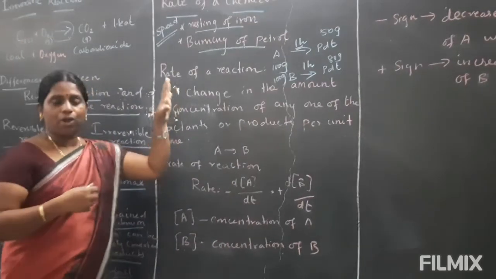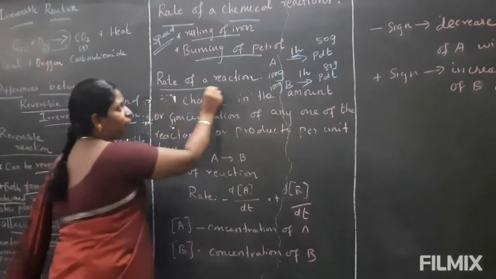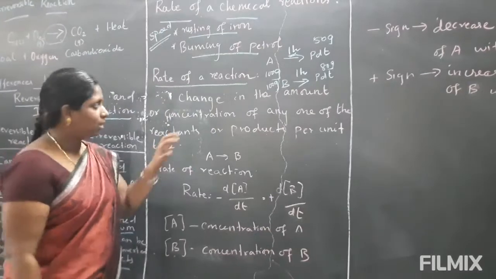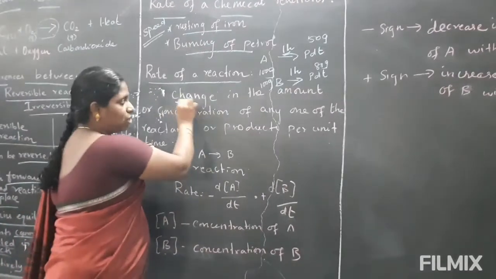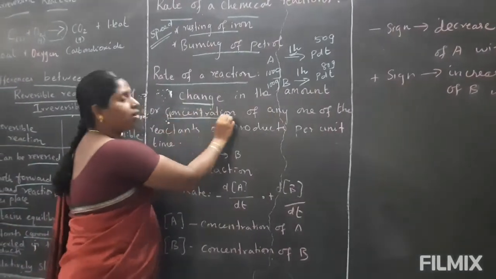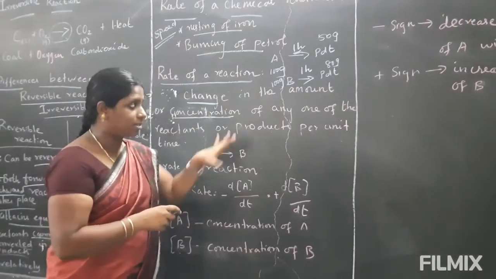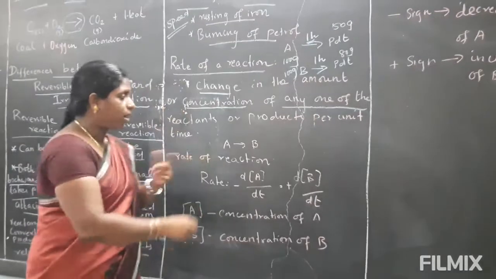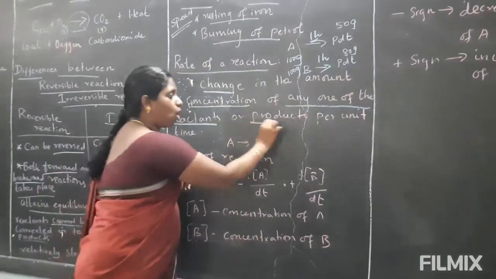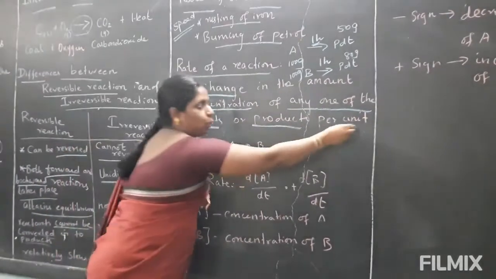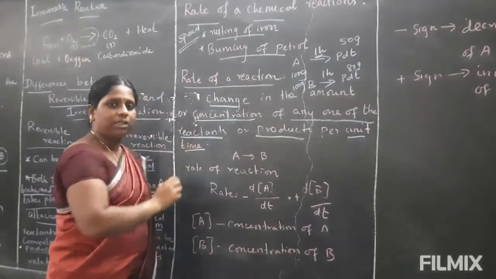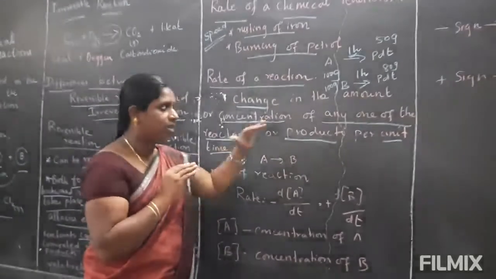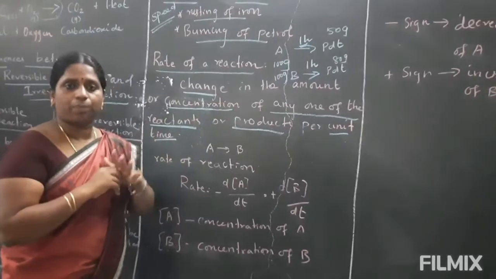So now you have to know the definition of the rate of a chemical reaction. What is that? Change in the amount or concentration of any one of the reactants or products per unit time. So time is compared with the concentration of reactant or product.